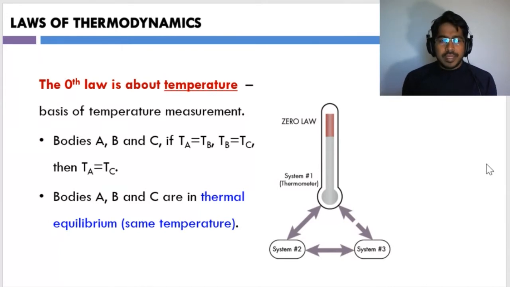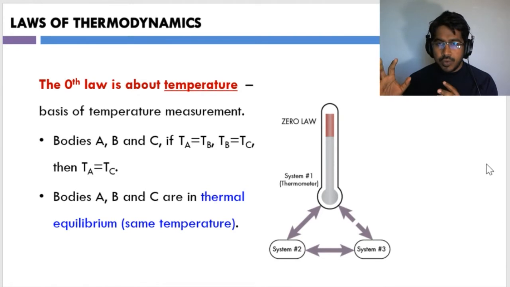You might think, is this guy crazy or what? Why is he telling us that when TA equals TB and TB equals TC, then TA equals TC? You did these kinds of problems in high school. Yeah, I understand. From the mathematical point of view, it's not a very complex law, but when it comes to physical problems, it's very important.